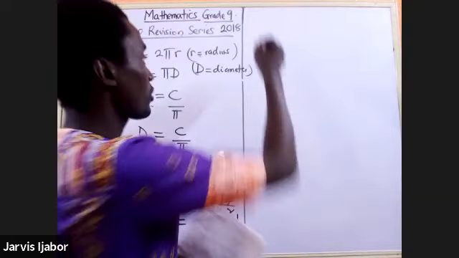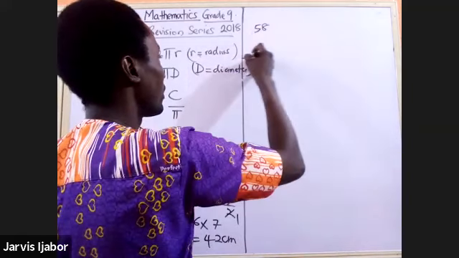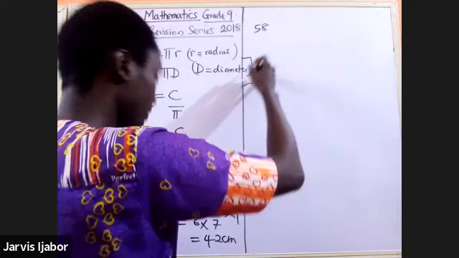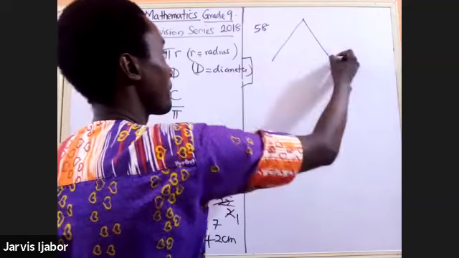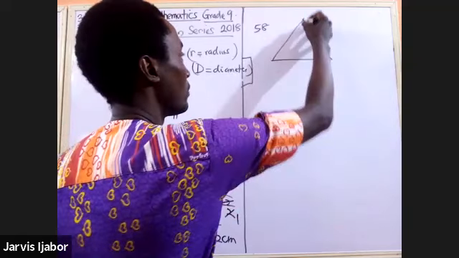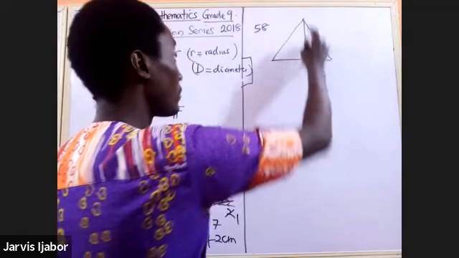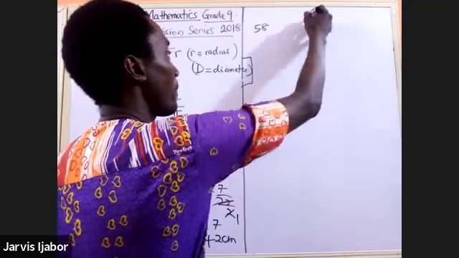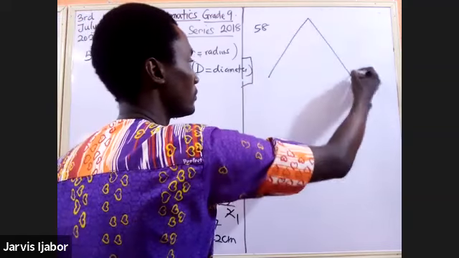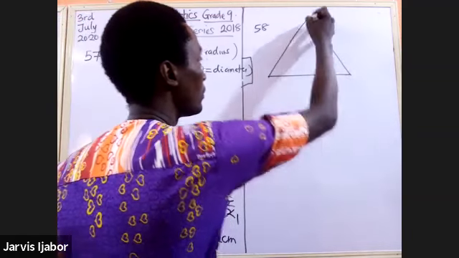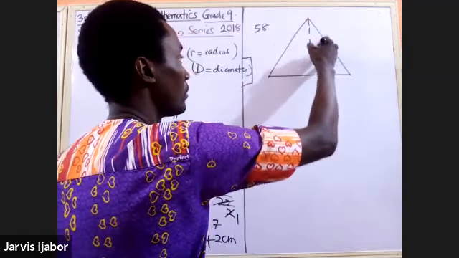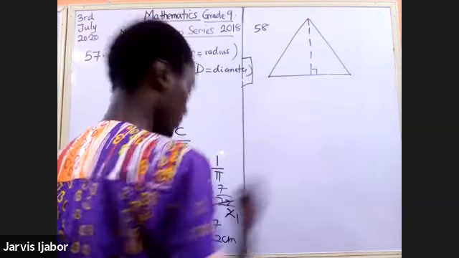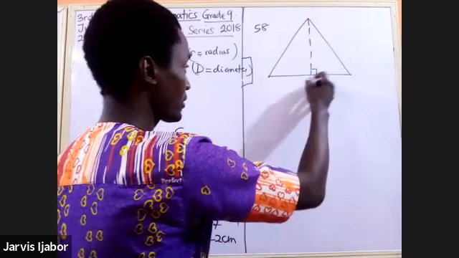In question 58, we have a diagram that says this. That should increase the size a little more. And then you have 8 cm.